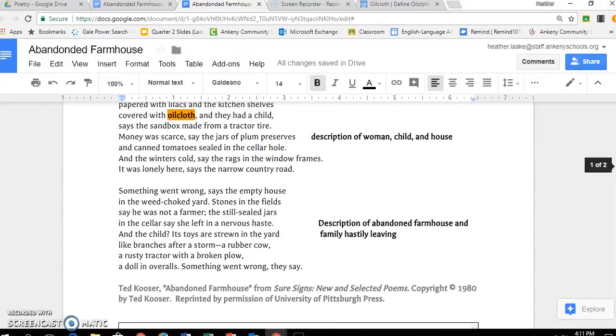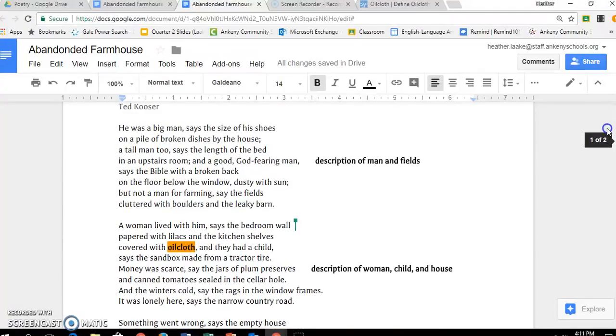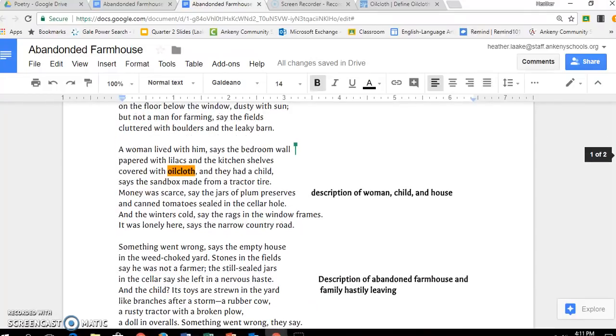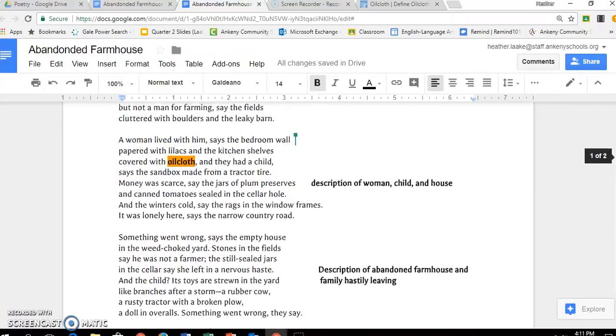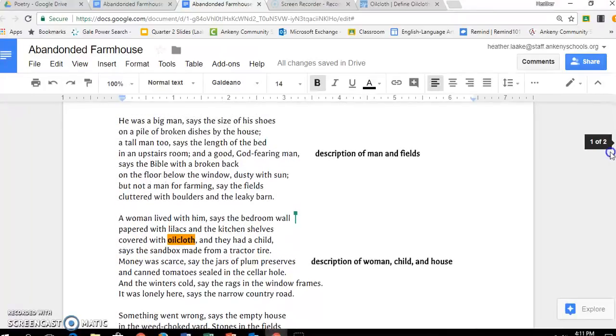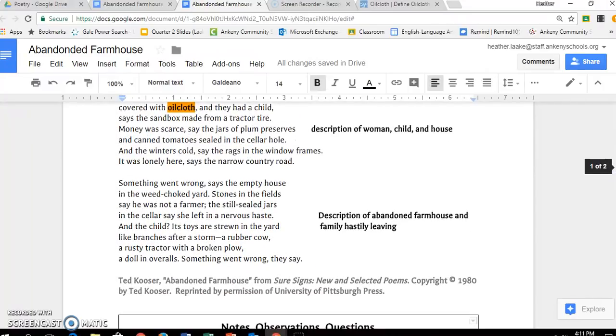So I would say the stanzas are related because they describe each person in the family, like the man and woman are described separately, and the child's described along with the woman. So sort of like each stanza describes a person, and then the third stanza is focused more on the house.